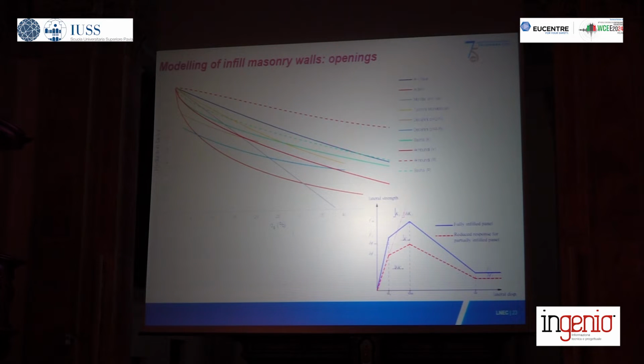If we look, for instance, at the issue of openings, so what happens to this single strut model when we have a masonry infill with openings, you see the scatter in the different proposals for the reduction in the stiffness and strength capacity that different authors are proposing, depending on the size or the relative area of the openings.